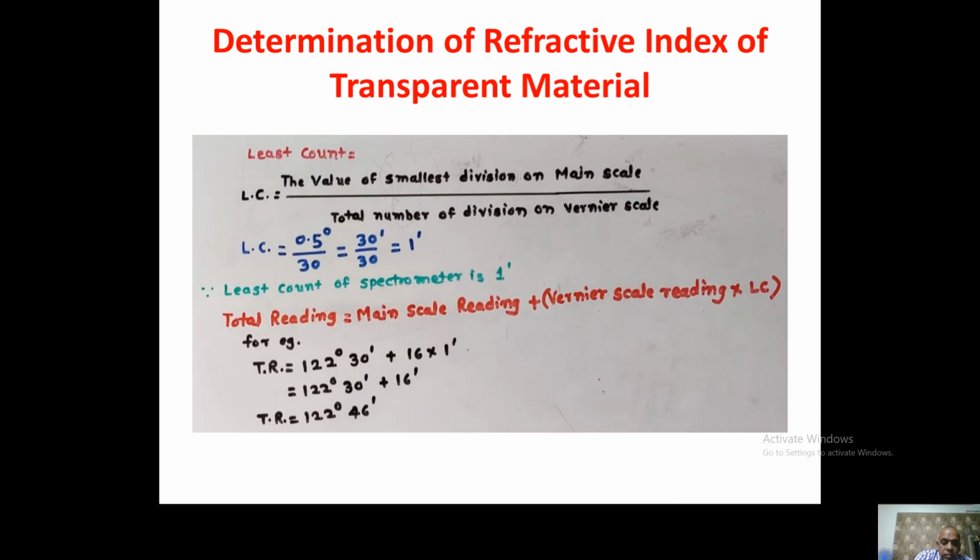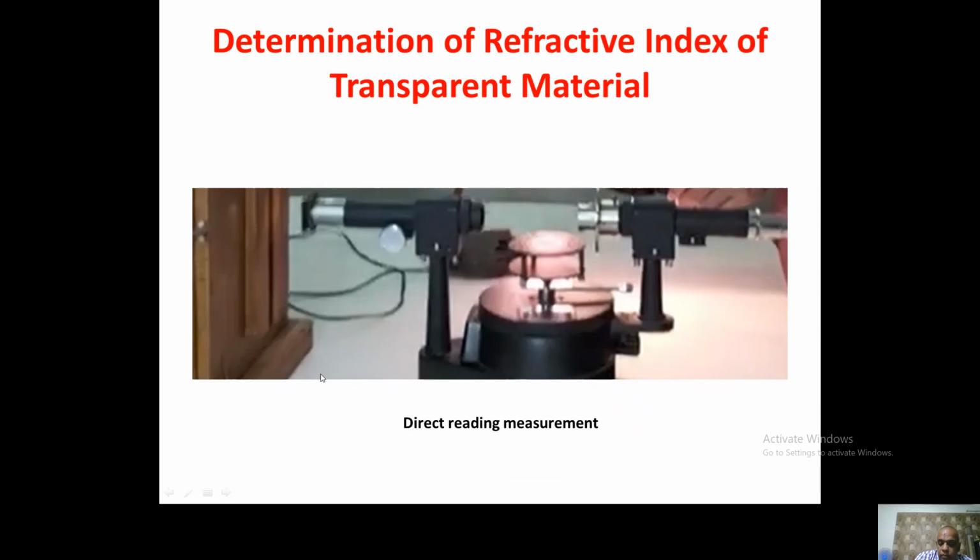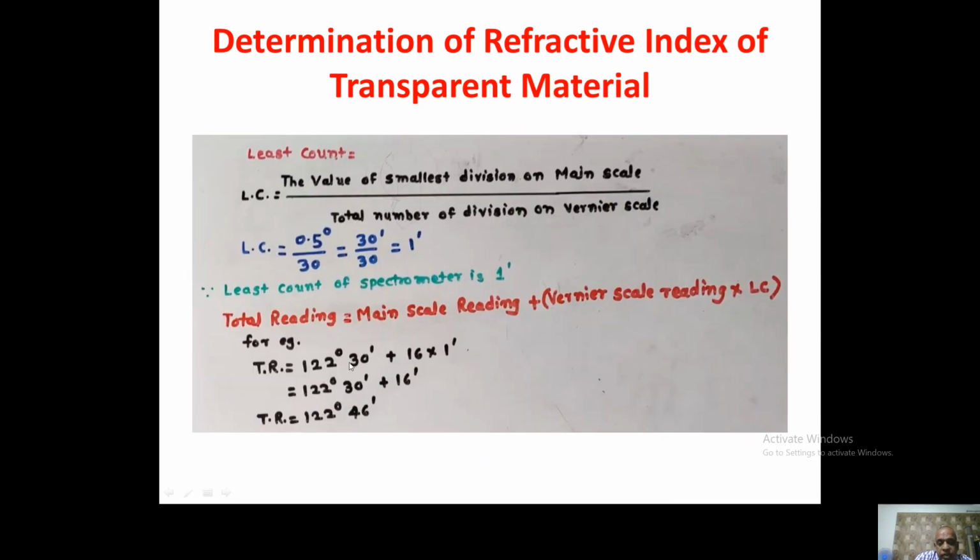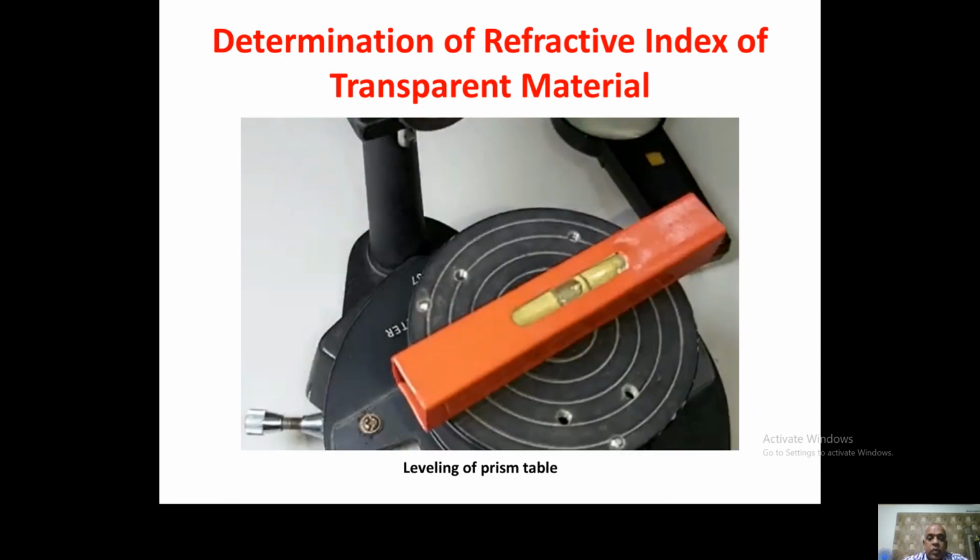If the main scale reading is 122 degree 30 minutes, plus the vernier line which coincides with the main scale, that is 16, multiplied by its least count of 1 minute, then the total reading is 122 degree 46 minutes. This is how to write down the total reading when performing the experiment.